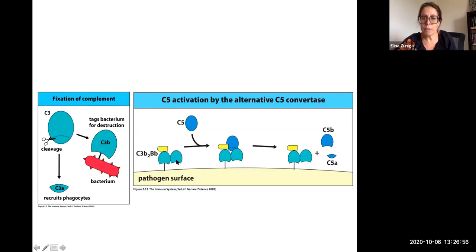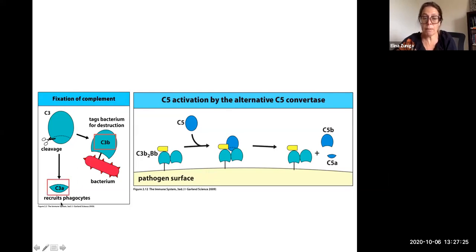Once the C3b binds to the pathogen, it will also initiate another important event in the complement activation that I want you to remember, that is the cleavage of C5 into C5a and C5b, okay? So once C3b is produced, it will bind to the surface of the pathogen.